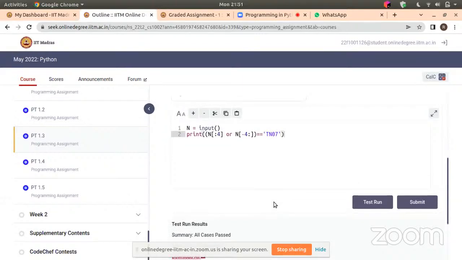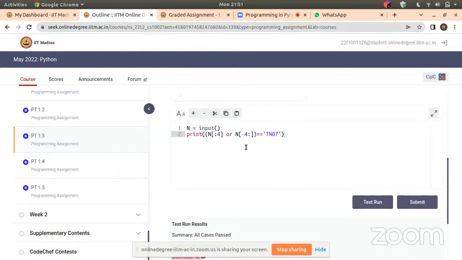I think that happens because TN07 comes in the later part. What's wrong with your code is you're having n of 4 or n of minus 4, right? It should not be that.